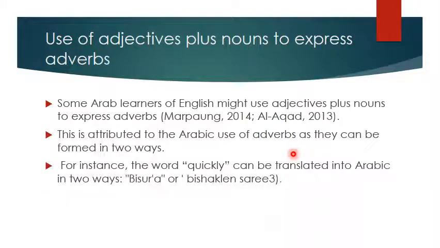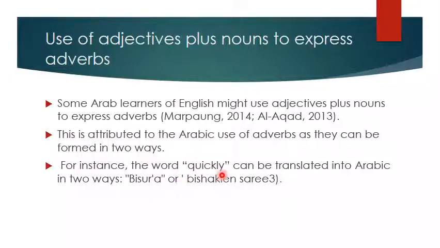For example, consider the word quickly. Quickly, this is an adverb, as you know. This word can be translated in two ways in Arabic. They can either say بسرعة or بشكل سريع.